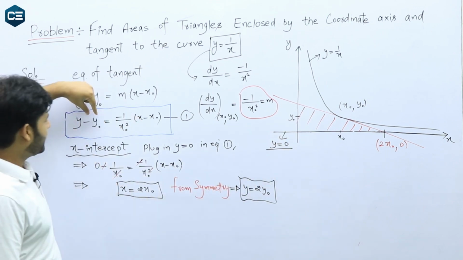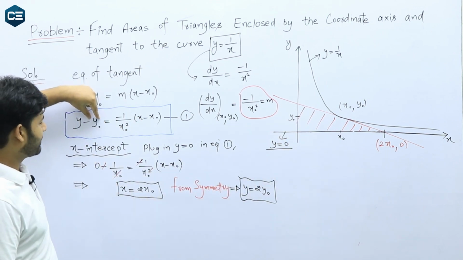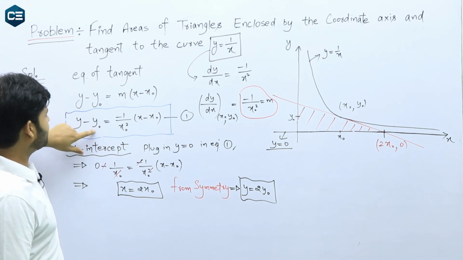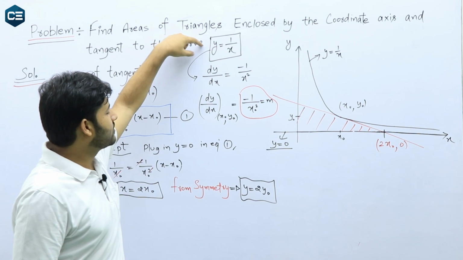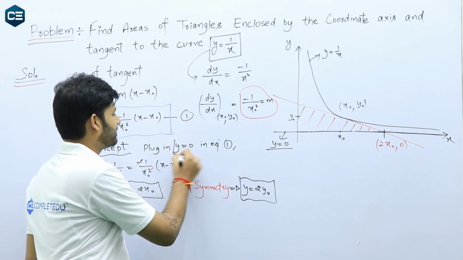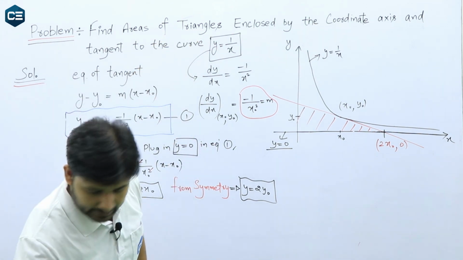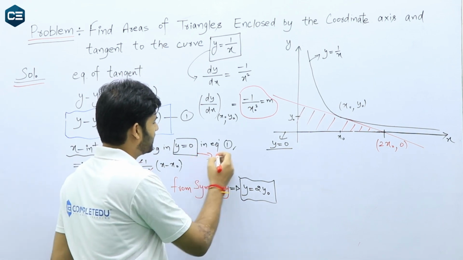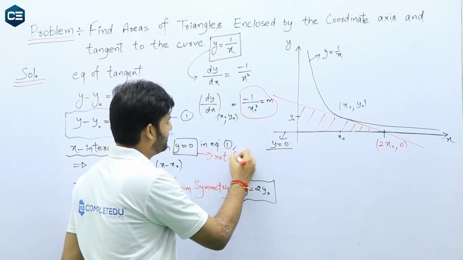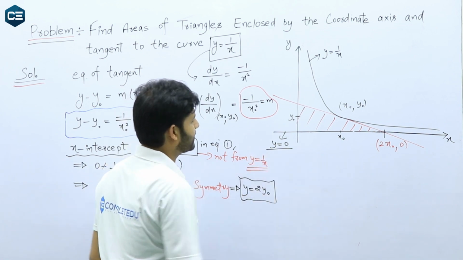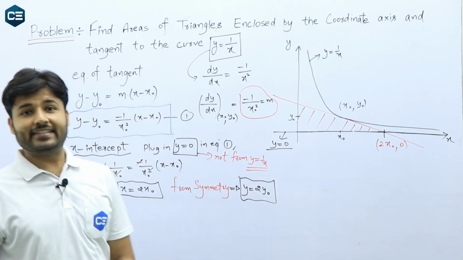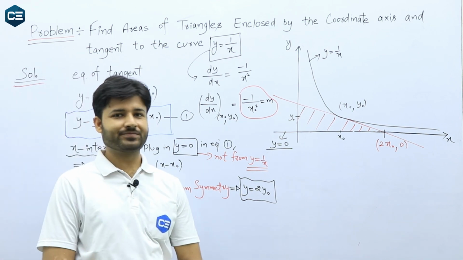And the part where I substitute y0, the value of y0 equals 1 over x0, this y0 I substitute from the curve y equals 1 over x. This is not from y equals 0. I properly mention it here. You see? This is the easy mistake that most students can make.